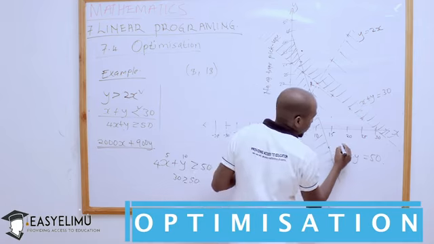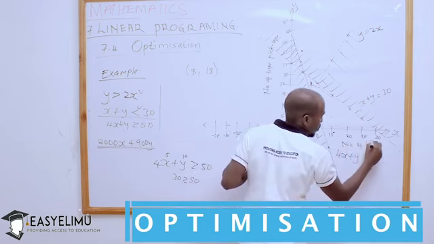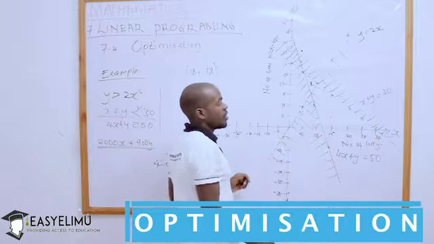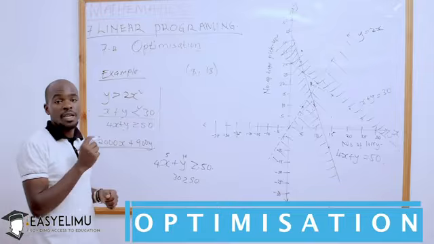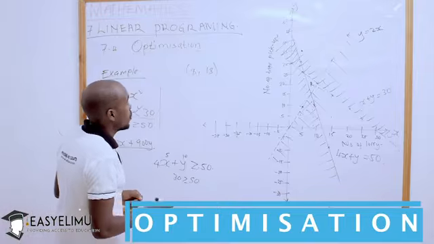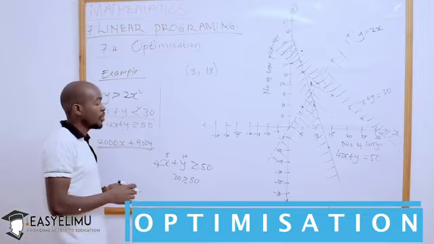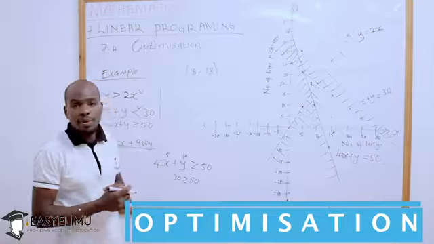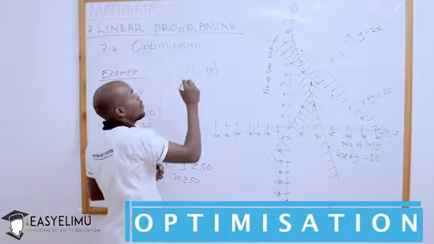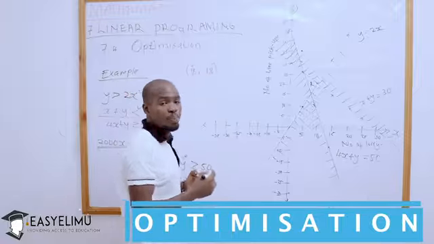And this one here is the number of trips of lorry. So the trips made by the lorry will be represented by x, and that of the pickups by y. So if you find something in the form of 8, 18, that means this represents the number of trips of the lorry, and this one is for the pickups.